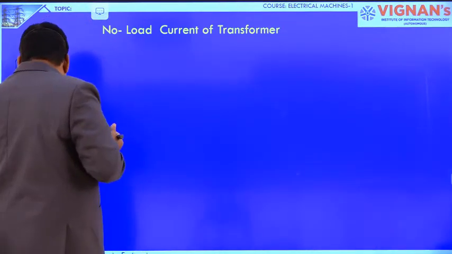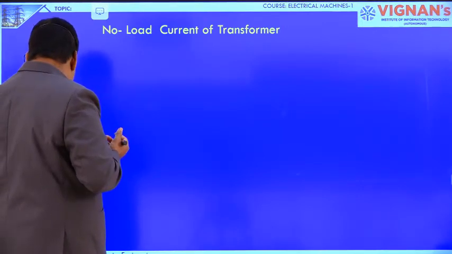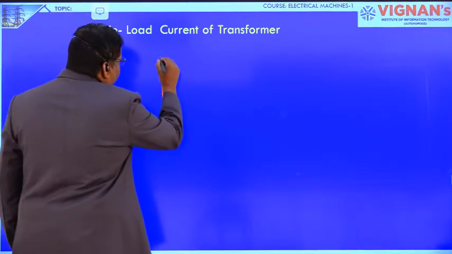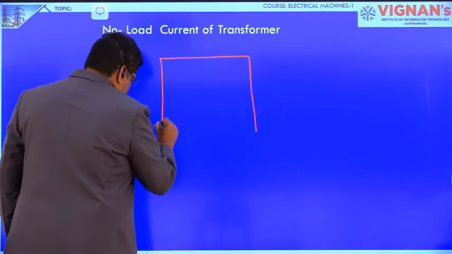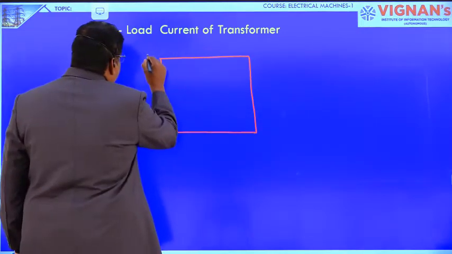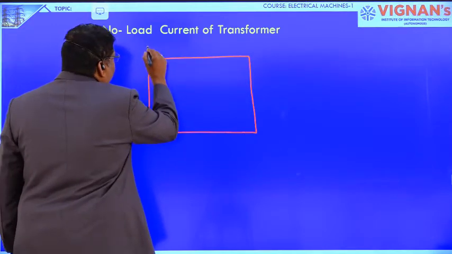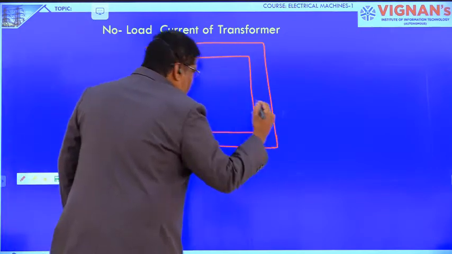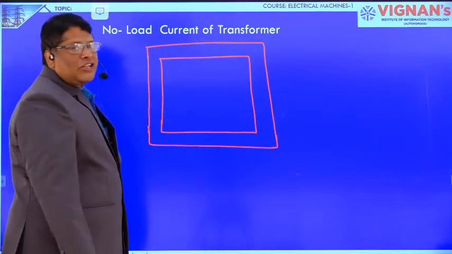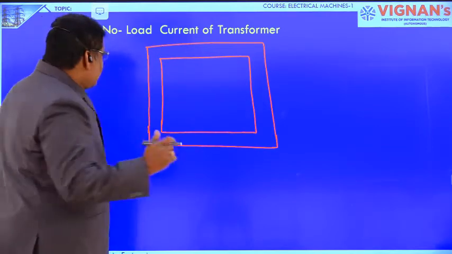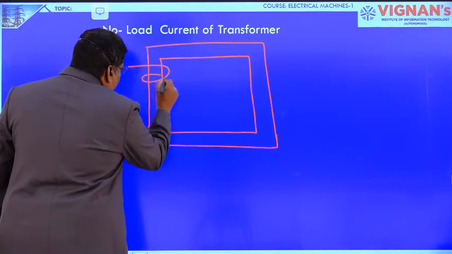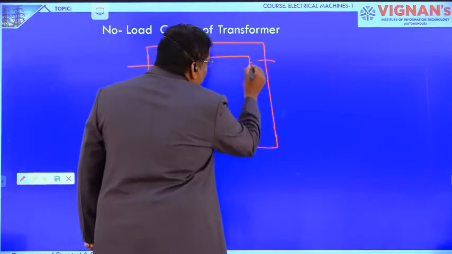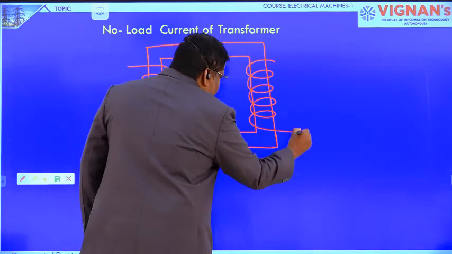Here we have taken a core type transformer. This is the core of a transformer. Already we know that the transformer has two windings. One is the primary winding, another one is the secondary winding. Here one winding is there, and in the same manner, on another limb, we are keeping one more winding.